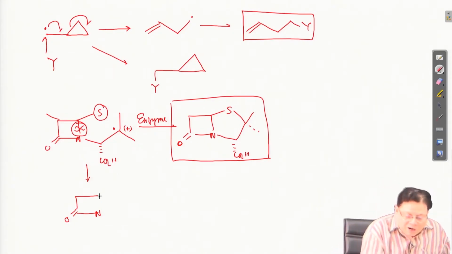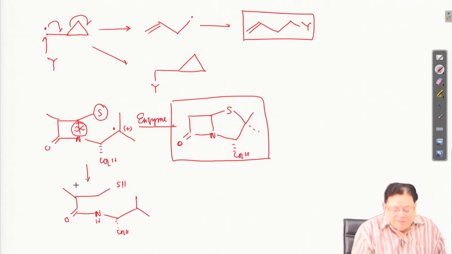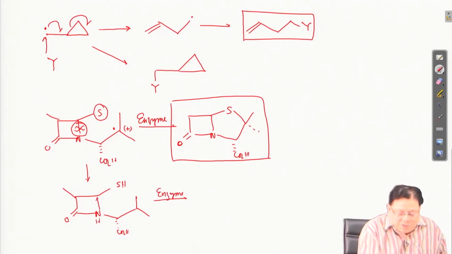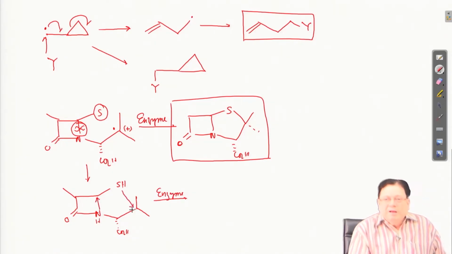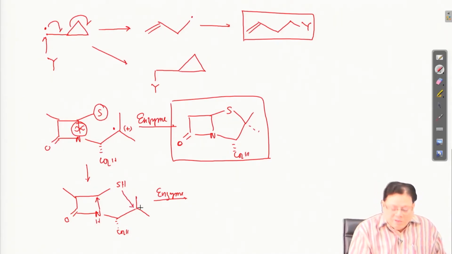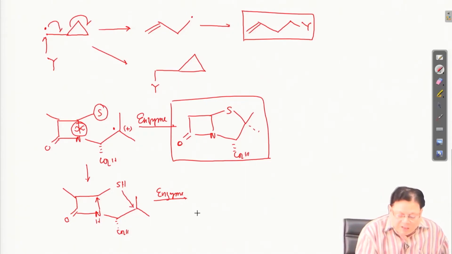So you start the reaction from an acyclic compound like this, and the enzyme first closes this bond and then subsequently this bond. We are talking about the formation of this carbon sulfur bond, whether it involves a radical or a cation.